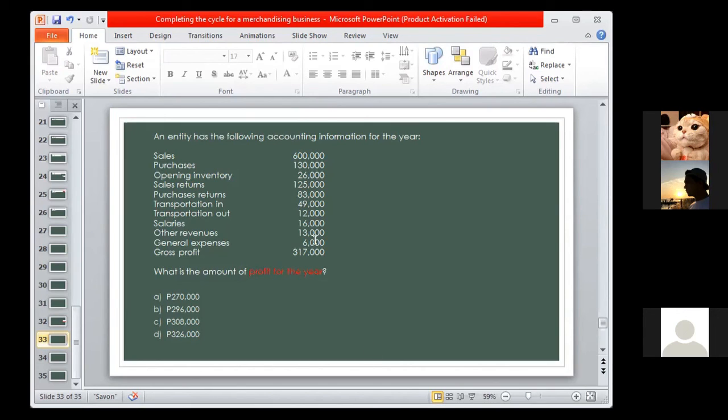Dali lang ito. Dito na tayo kaagad. Hanapin lang natin kung ano yung mga kailangan natin dito. Sige, wait. Sige lang.